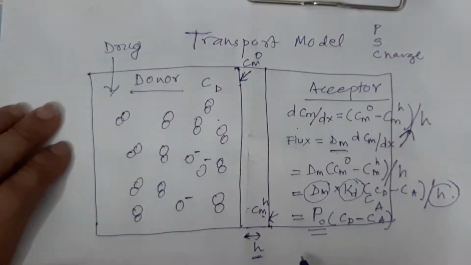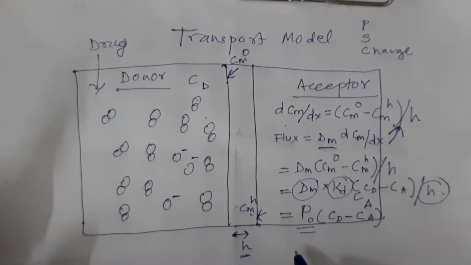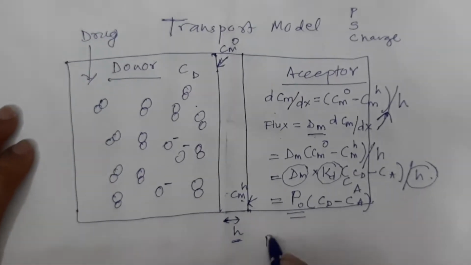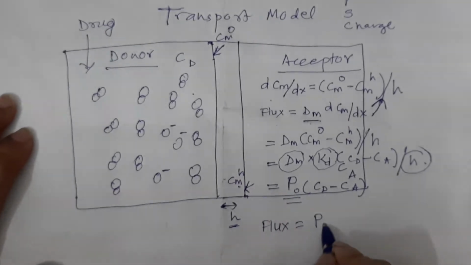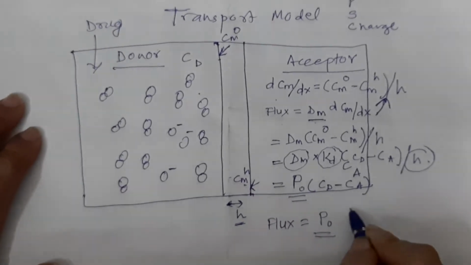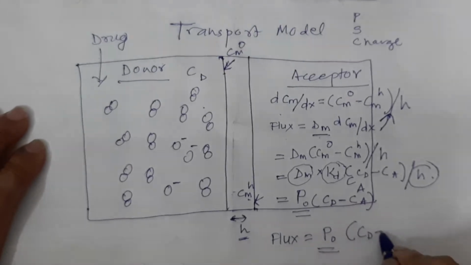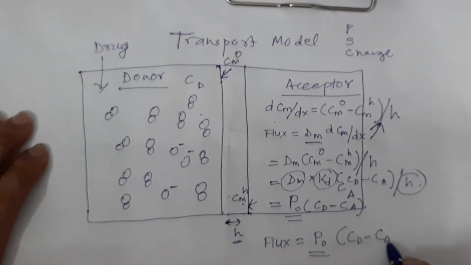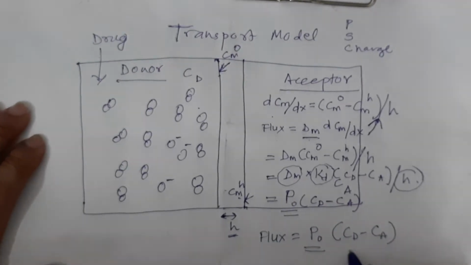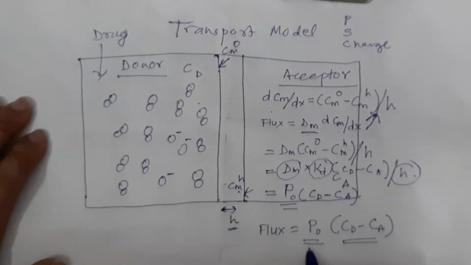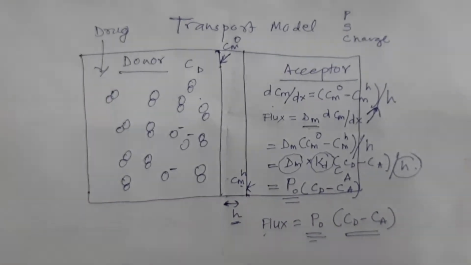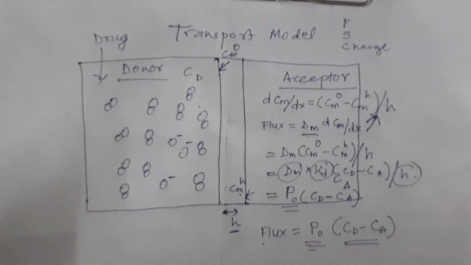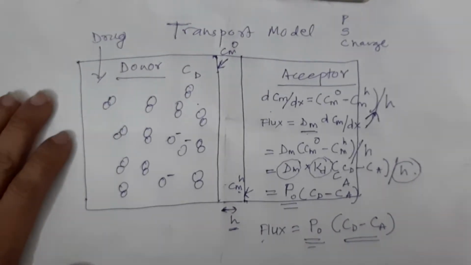So the flux equation as per Fick's law of diffusion is proportional to the permeability and the concentration of the drug in the donor and acceptor compartments. This is the concentration gradient, this is the permeability, and this is the flux. Flux means at what rate this permeation or transport is taking place.